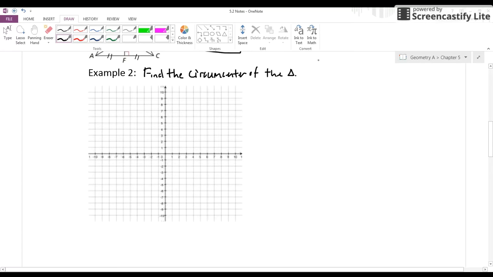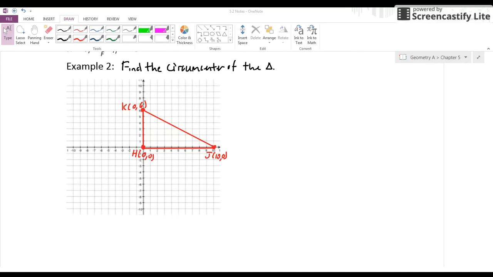All right, so let's go ahead and plot some points to make us a triangle, and then we'll work through this problem. All right, so there's our triangle HJK. H is at (0, 0), J is at (10, 0), and K is at (0, 6). So what we need to do is find the circumcenter of this triangle.